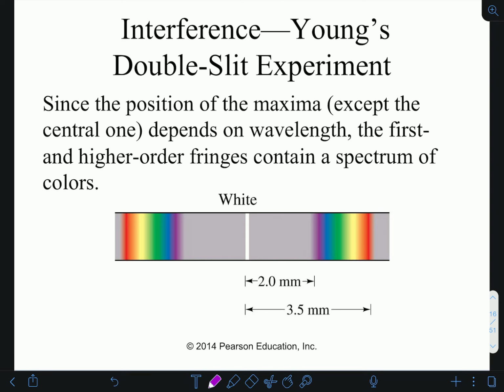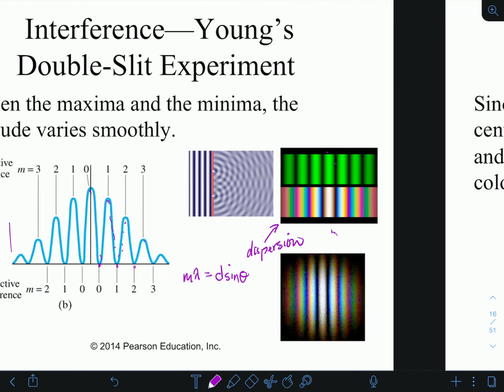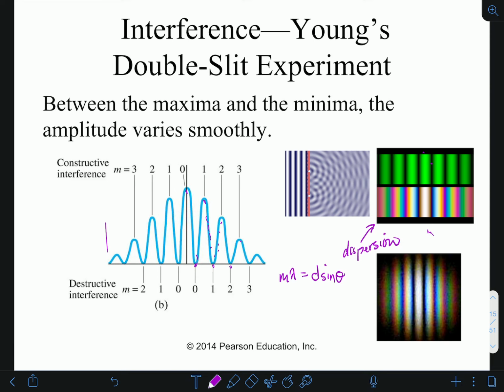If you notice here, ignore these numbers, but for the white light, the light is all together, but then the different wavelengths get dispersed at different angles, okay? And that's what we see in this equation, that lambda depends on theta, the angle of dispersion.